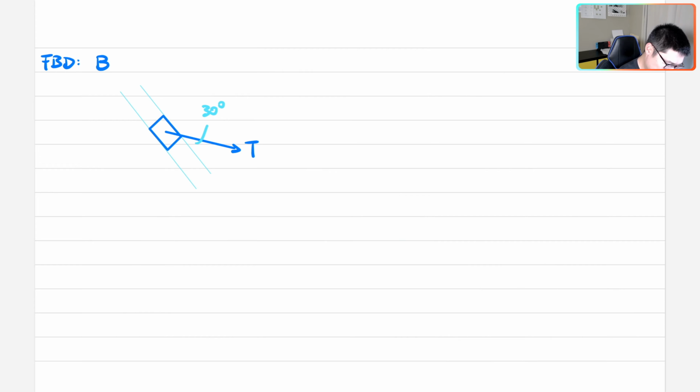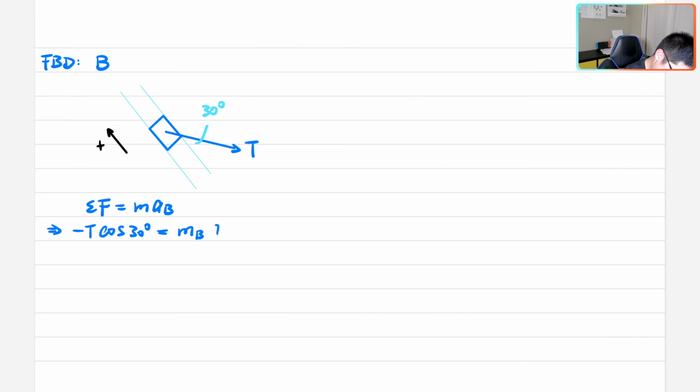So if we define positive as pointing up, and we have sum of F equals m a_B, then we have negative T cos 30 degrees equals m_B a_B.